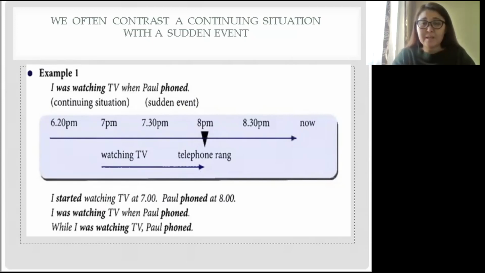So we can combine these two actions in the past in one sentence by contrasting a continuing situation with a sudden event. So, I was watching TV when Paul phoned. So, we express the continuing situation in the past continuous and the sudden event in the past simple. Or you can say, while I was watching TV, Paul phoned.